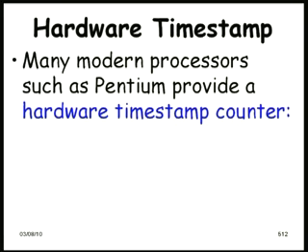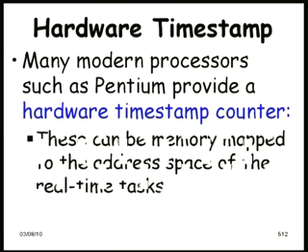While discussing the operating system, we will just point that out. Even while discussing the POSIX standard, we will discuss this. The nanosecond clock time can be read through a memory mapped address space of the real time tasks.